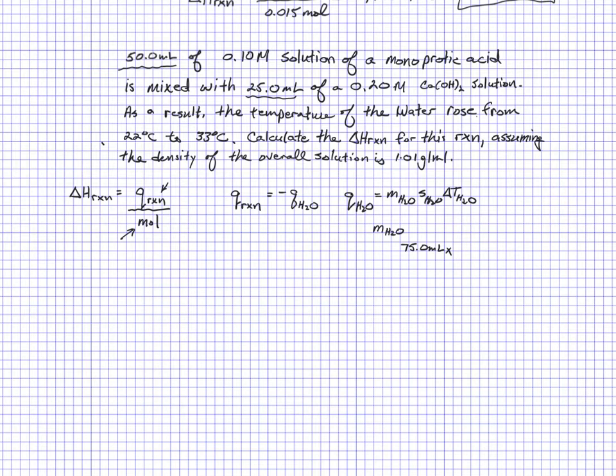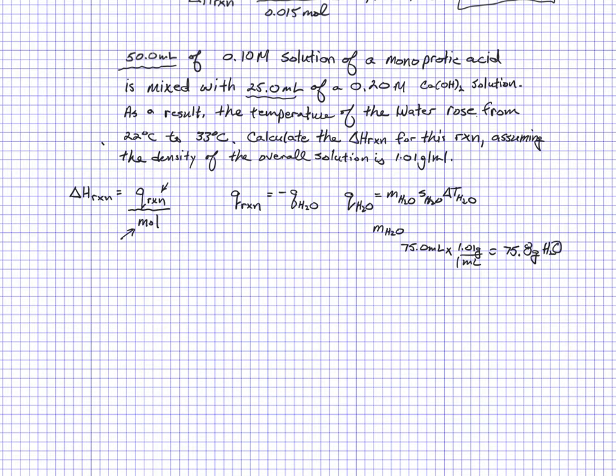And we're told in the problem to assume that the overall density of the solution is going to be 1.01 grams per milliliter. And that gives me 75.8 grams of water.